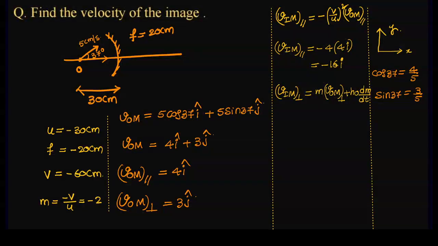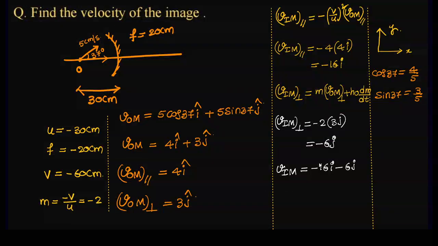So finally it will come to m value minus 2 and perpendicular velocity 3j, so minus 6j. So finally we can write velocity of image with respect to mirror equal to minus 16 i cap minus 6j cap.